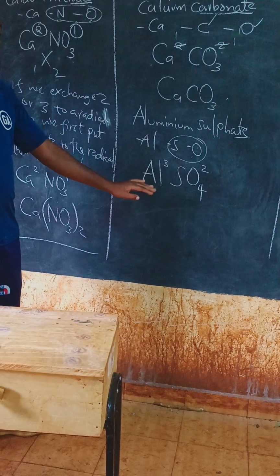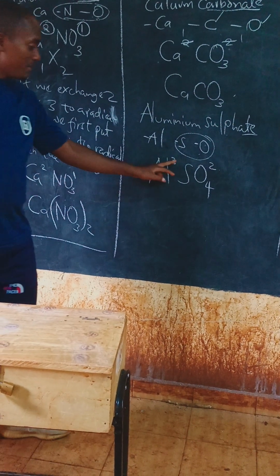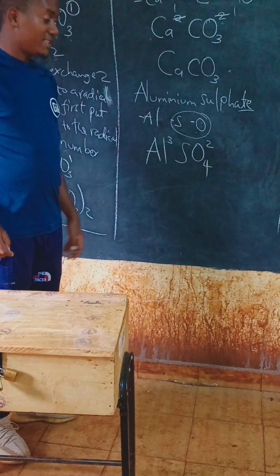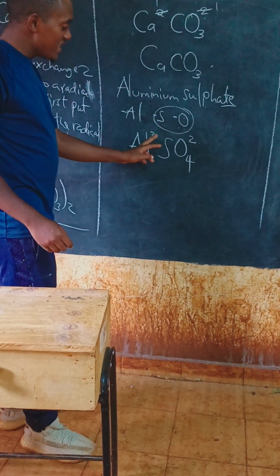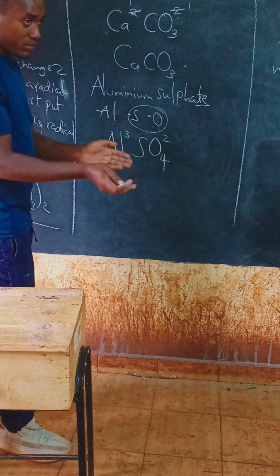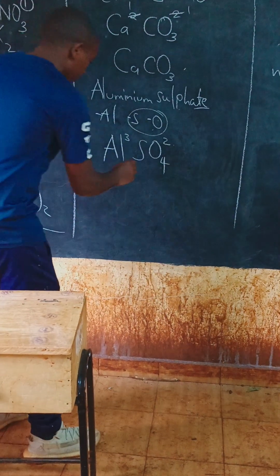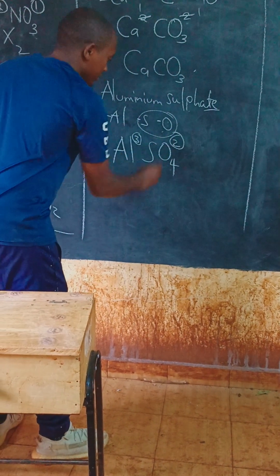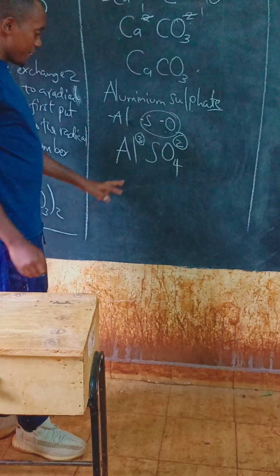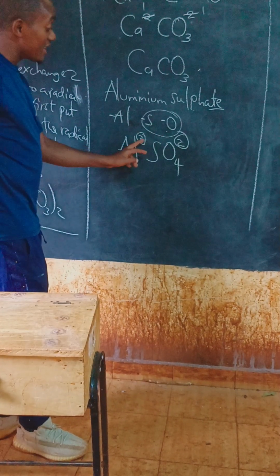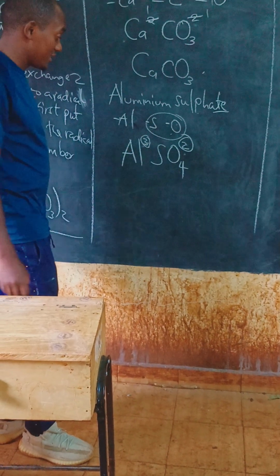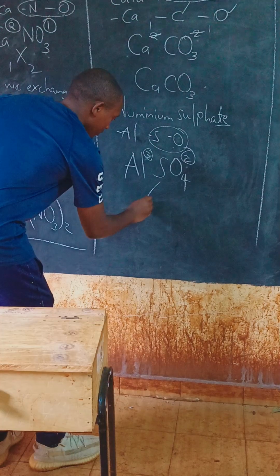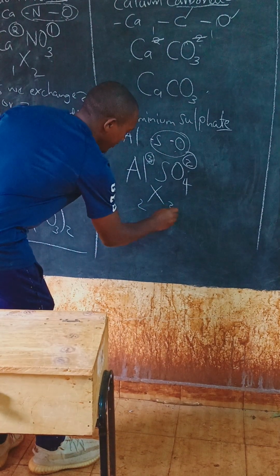So, what we do here, we ask ourselves, can it be simplified? No. We can exchange. And we say when we exchange a number to a radical, we put brackets to the radical. So, this is 2 and 3 and 2. So, therefore, these are the things that we exchange, the valences. 2 comes here, so 2 will come here, 3 will go there.